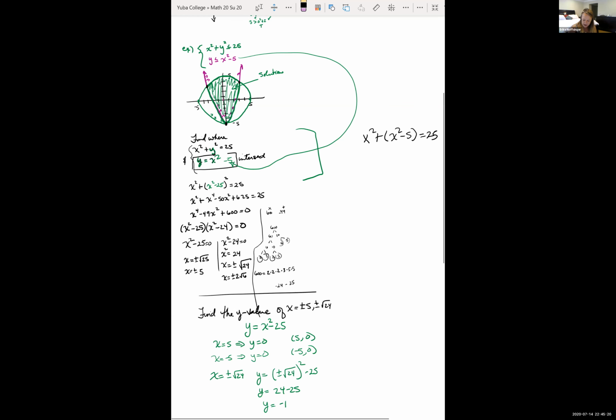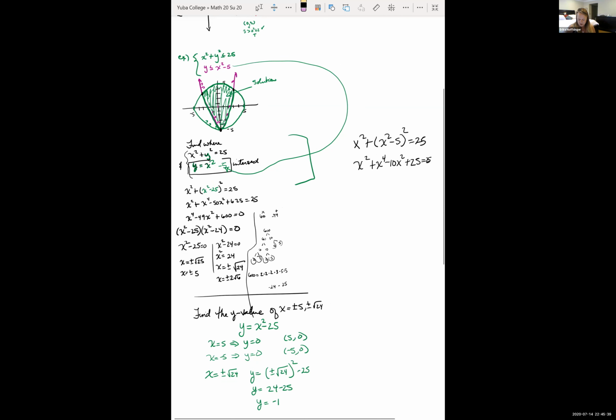So here we have x squared, and foiling this quantity squared, we would get plus x to the 4th minus 10x squared plus 25 equals 25.